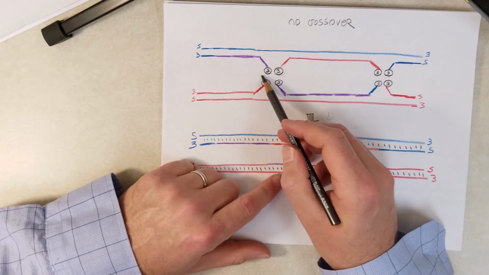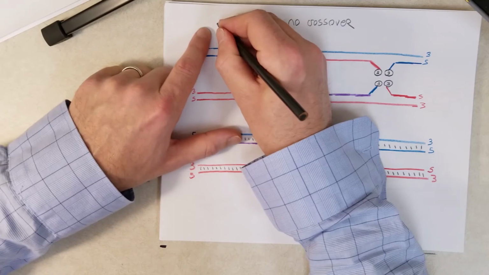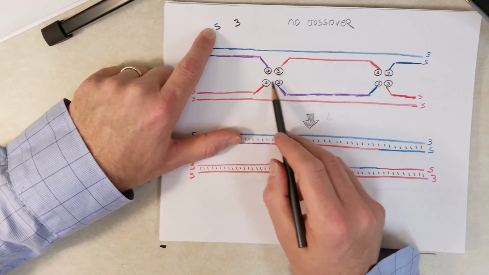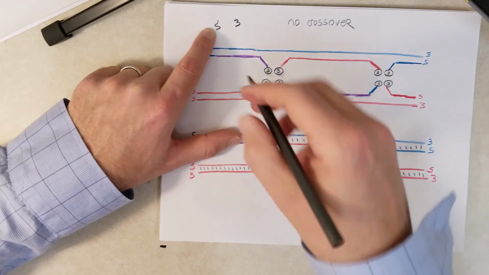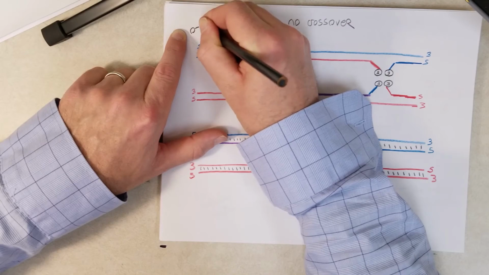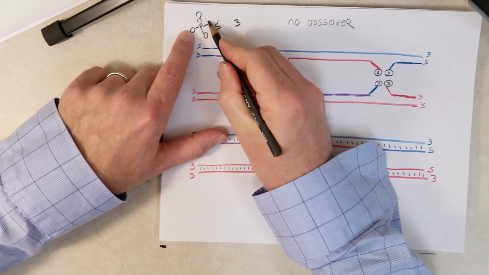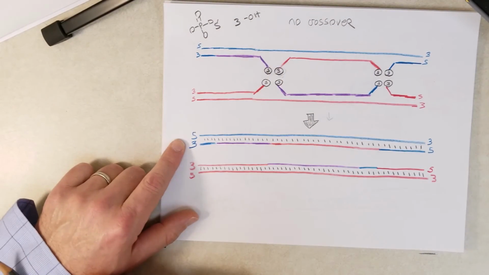The endonucleases came in and they cut at these locations. Now that leaves 5' ends and 3' ends on the DNA ends here, right? I didn't want to diagram the phosphate groups, but the 5' ends have phosphate groups and the 3' ends have hydroxyl groups.